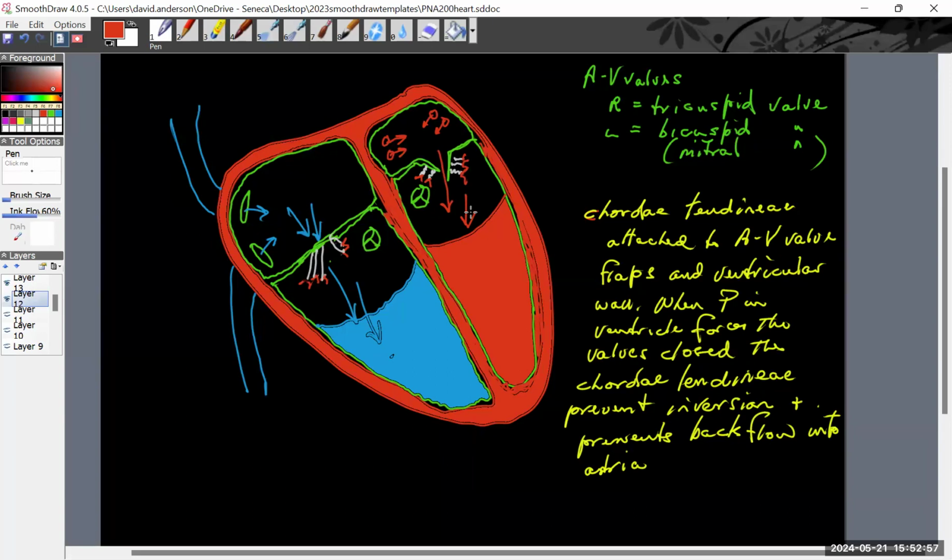That's going to reduce the volume for the blood, and that's going to create a big increase in pressure. And what we want to see happen is that when we get enough of an increase in pressure, it's going to open up these two valves. Those two valves, remember, we called those the semilunar valves.